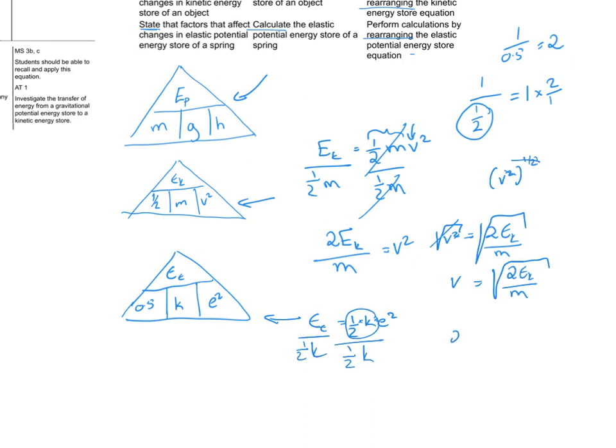That leaves me with 2E over k is equal to e squared, because these cancel. And then you square root both sides, and you have e is equal to square root of 2E over k. So you should be able to do these activities easily.